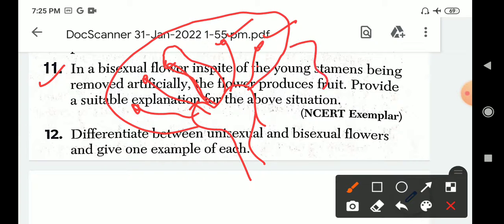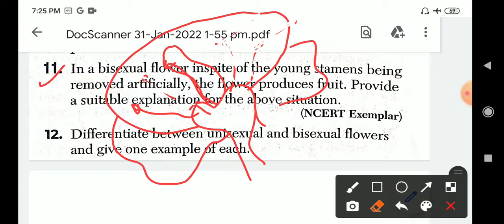This is called bisexual, and the flower which has only one organ, either male or female, is called a unisexual flower. Okay. So in the question it is given that in the young stage the stamen is removed. So if we remove the stamen, suppose these are removed, then in that case what will happen?